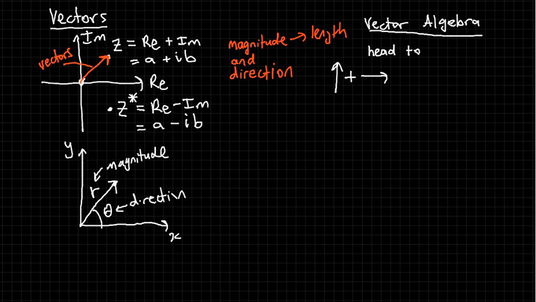Head to tail. So this here is the head of this, and this here is the tail of this arrow. So when we add them together, that goes to there, and then the tail goes on to the head there, and we can write the sum of those two as this green vector here.